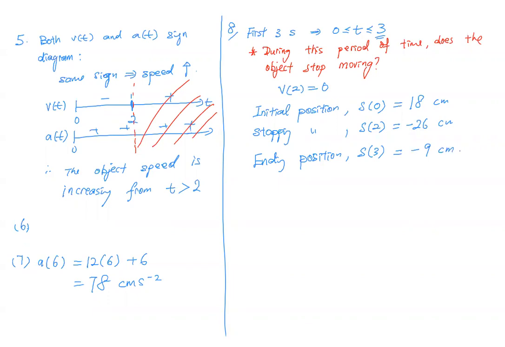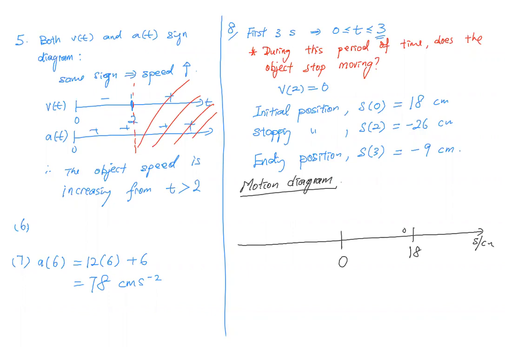So from all these positions, I'm going to draw what we call a very important motion diagram. Because sometimes in the exam, we may ask you to draw the motion diagram. So motion diagram means this is a straight line. This one represents the displacement. This is the origin. Start here. So it starts here, then it moves to here, correct or not?